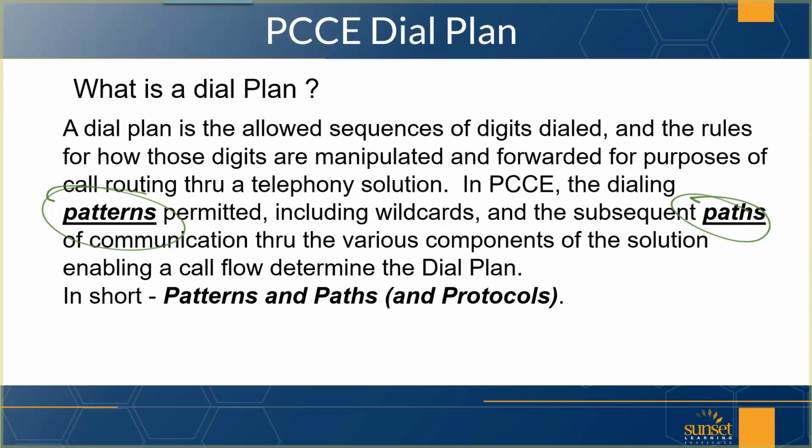Essentially, a dial plan is just that. It's a collection of particular patterns pointing to particular communication paths. And of course, each of those paths is going to be implemented via one protocol or another.